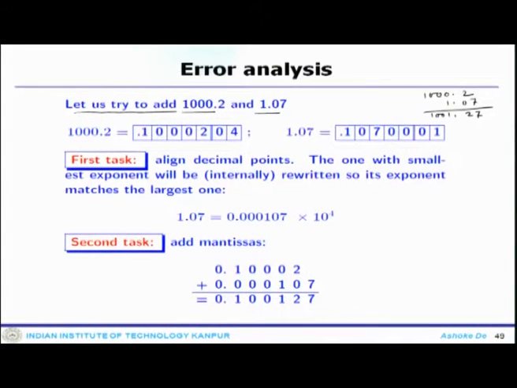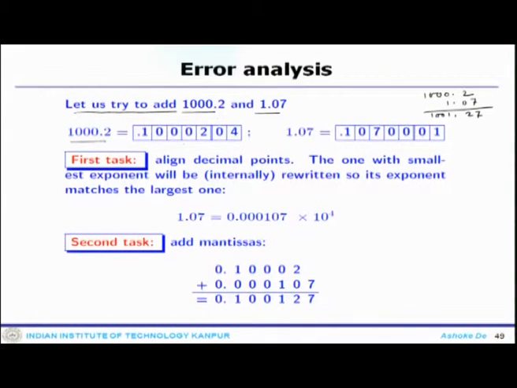Now, if you represent them through this kind of mantissa and exponent representation, 1000.2 equals 0.10002 times 10 to the power 4 and 1.07 is 0.107 times 10 to the power 1.